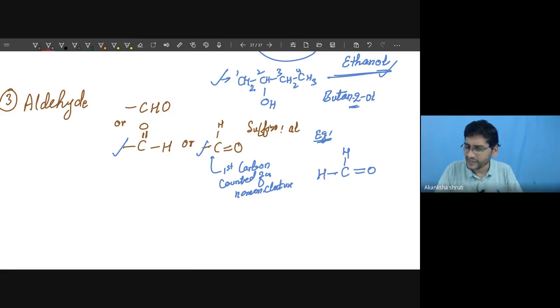It is also an organic compound. In compact form it is written as CHO. If you write this as H2CO, it gives a wrong impression. So the best way of denoting is this one.